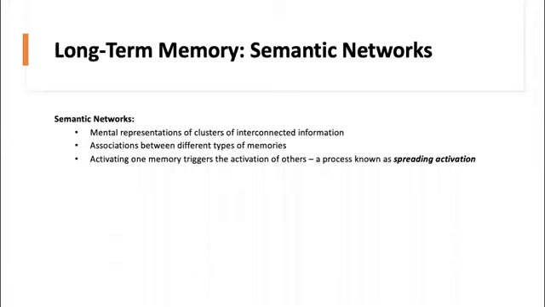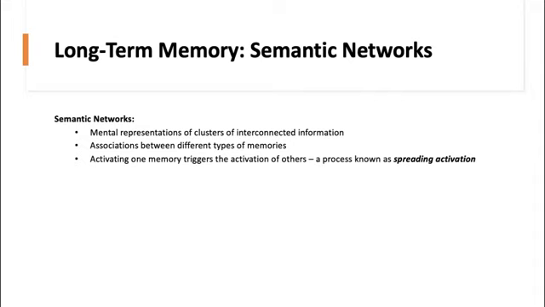Now, according to some memory researchers, we're able to recall detailed information from long-term memory because of the associations we build between different pieces of information. So, from this viewpoint, the information that's stored is stored in semantic networks.